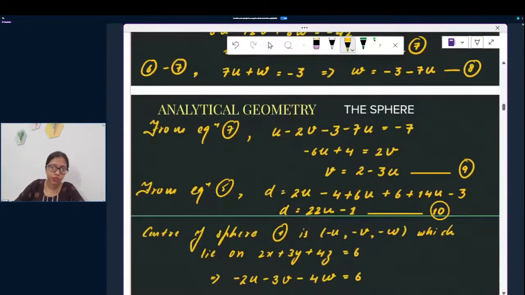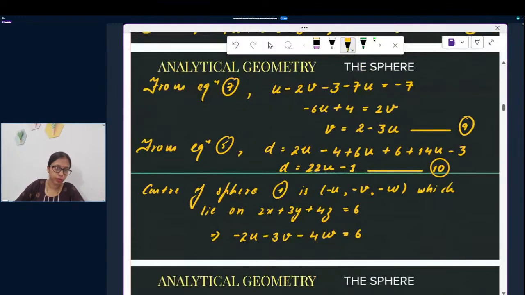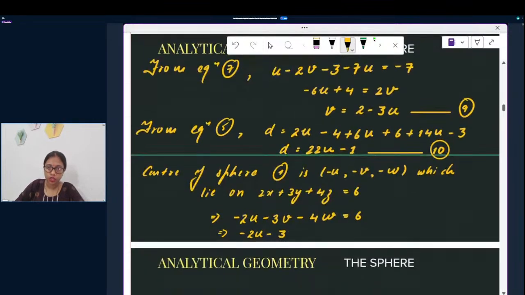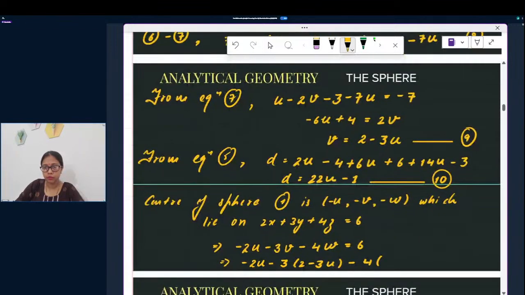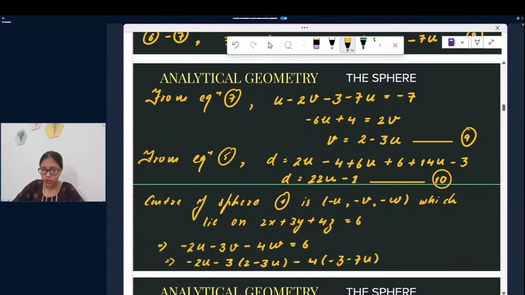Right? Substitute the values of V and W from here. It implies minus 2u minus 3. What is the value of V? V is 2 minus 3u, minus 4. W is minus 3 minus 7u. This is from 8 and 9, equal to 6, from equations 8 and 9, and you get all the values here.